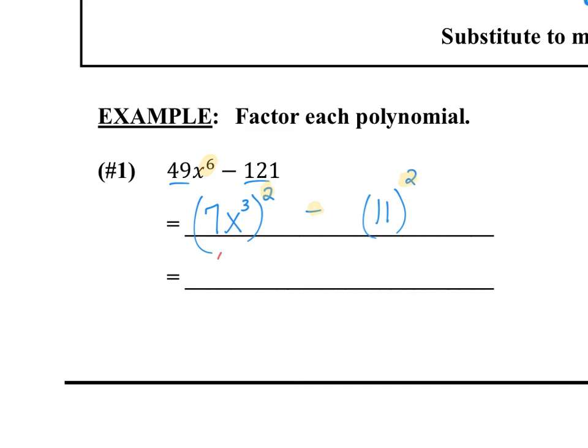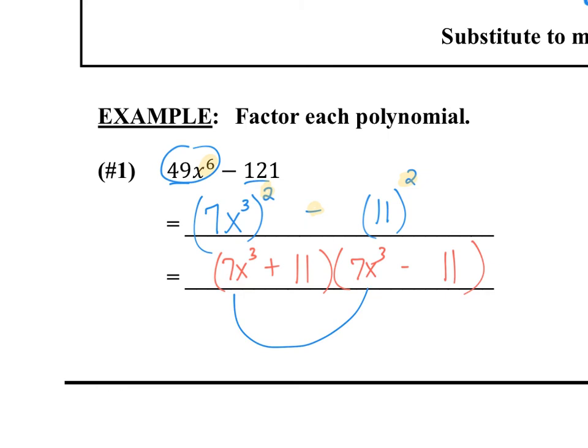So if we do difference of squares, this would be 7x to the 3rd. And the second part would be 11, and we have a plus sign and a minus sign. Because now 7x to the 3rd, if I were to FOIL, 7x to the 3rd times 7x to the 3rd is 49x to the 6th. 11 times negative 11 is negative 121. So we end up writing those as squared terms and then doing a difference of squares.